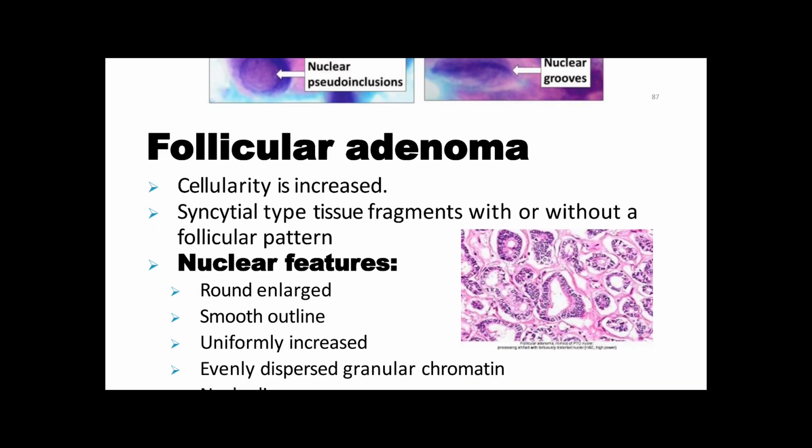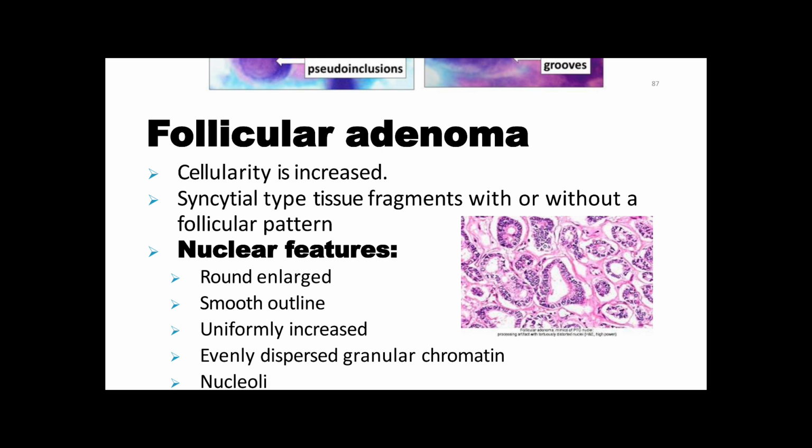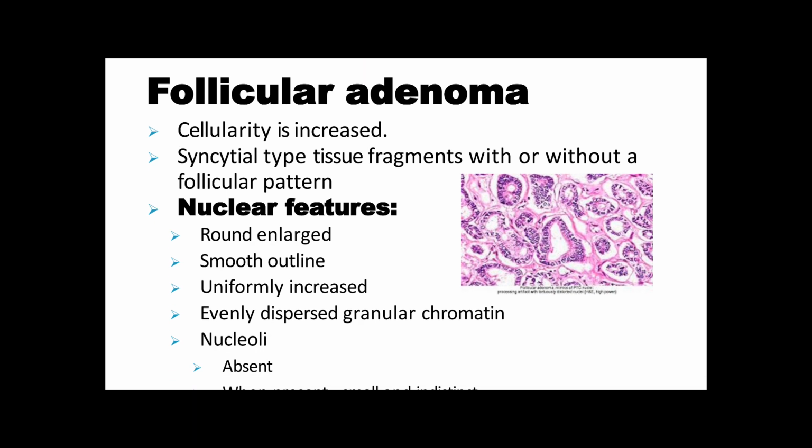The other one is the follicular adenoma. In follicular adenoma, you can see cellularity is increased. Here you can see the picture. Syncytial type tissue fragments with or without a follicular pattern. When we consider nuclear features, there are round enlarged nuclei with smooth outlines.